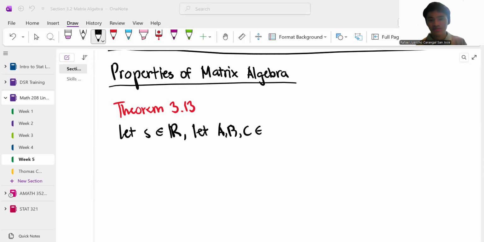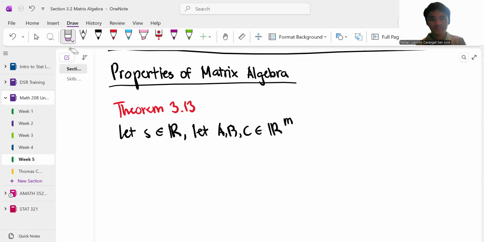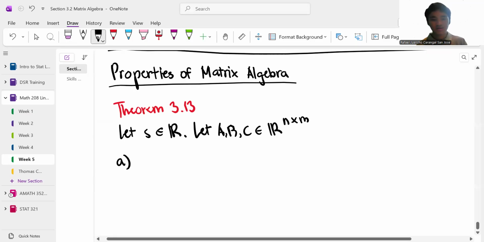Doesn't say what matrices they are, but okay. Let's just say they're n by m. Really doesn't matter. Then each of the following holds in the cases where the indicated operations are defined.